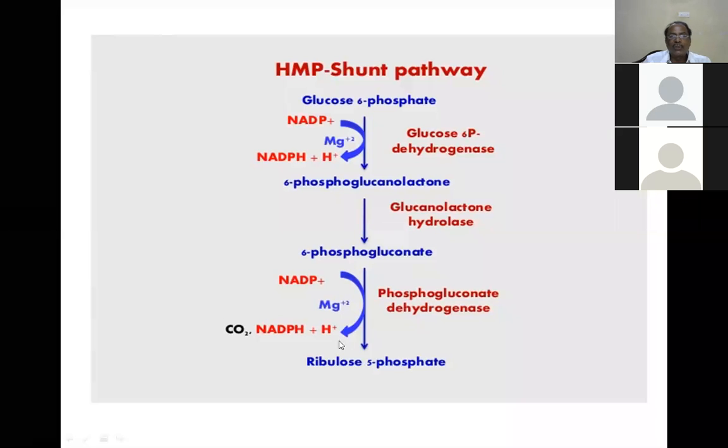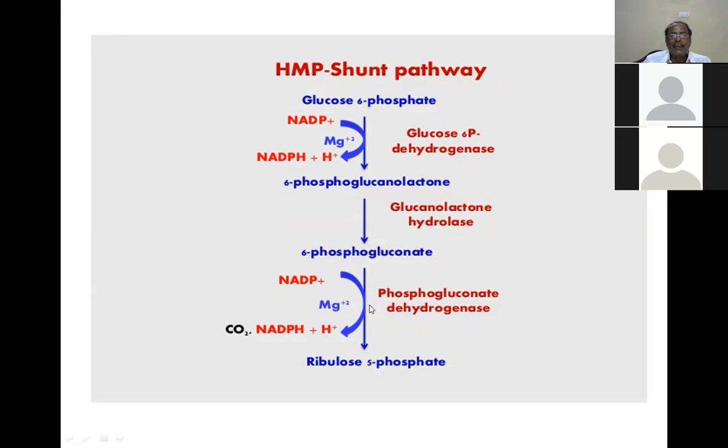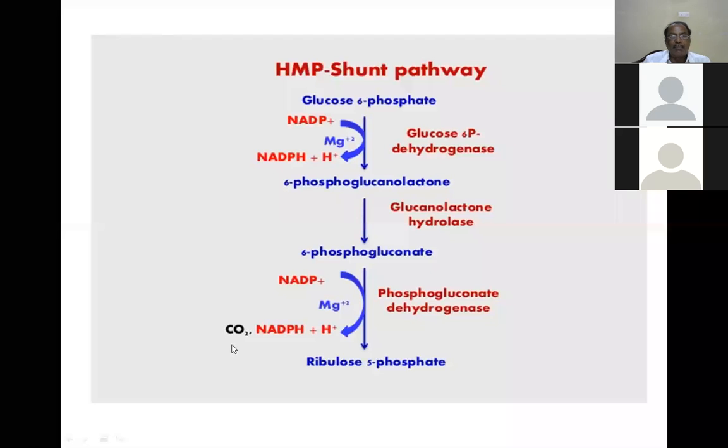Ribulose 5-phosphate is produced. The peculiarity of this particular enzyme is that carbon dioxide is produced. Normally, carbon dioxide comes only after respiration is complete, when oxygen is taken and the carbon skeleton is broken down, and carbon dioxide comes in the respiratory chain only.